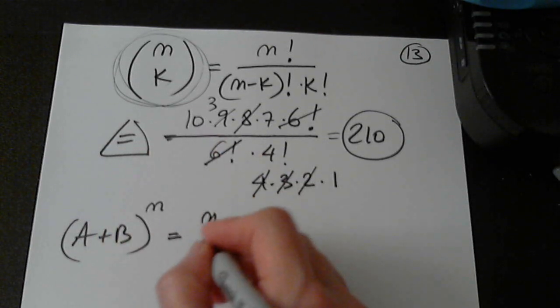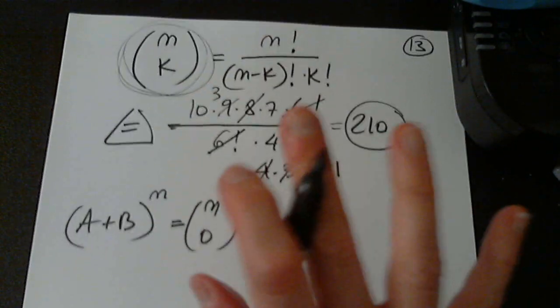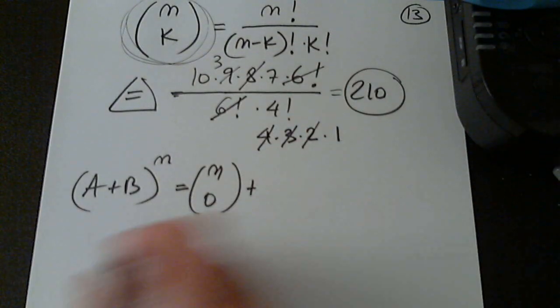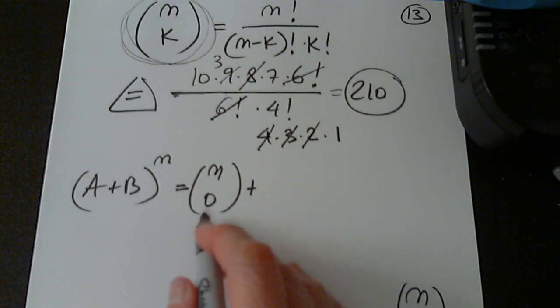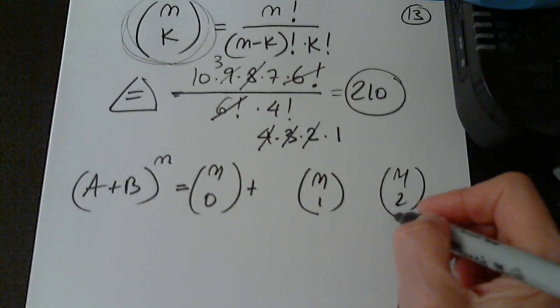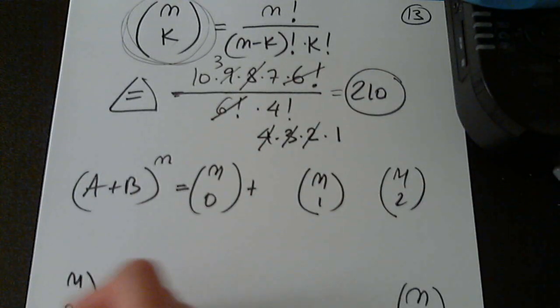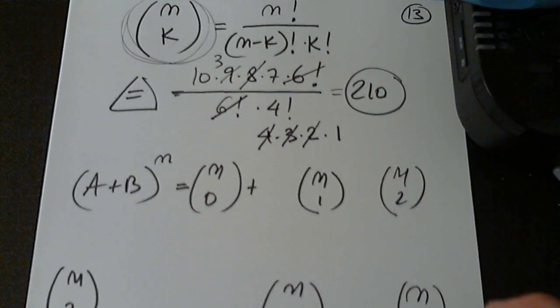From n choose 0, dot, dot, dot, till the last one, n choose n. N choose 0, n choose 1, n choose 2, n choose 3, and so on and so forth. N choose n minus 1 till n choose n.